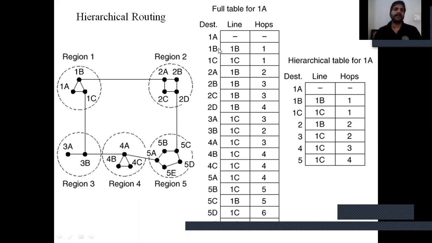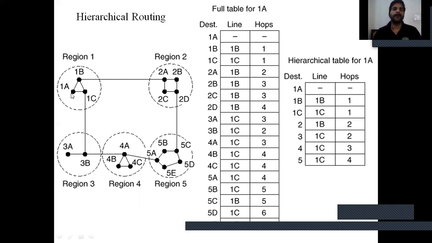Now first we calculate the full table of 1A, from which we derive the hierarchical table. Suppose we travel from source router 1A to other routers. From 1A to 1A, no line and no hop are required, so dash and dash.